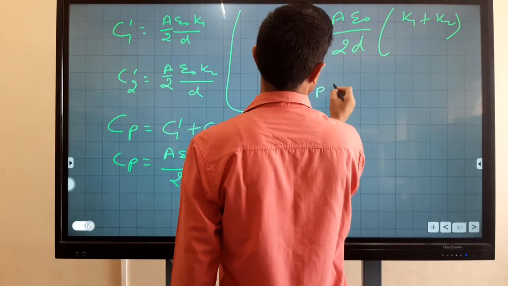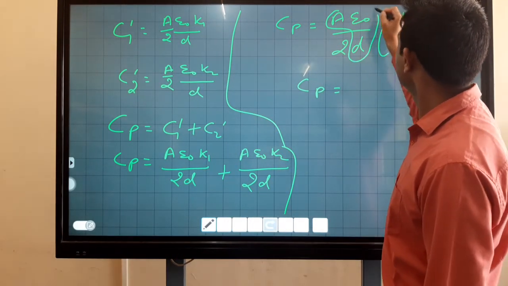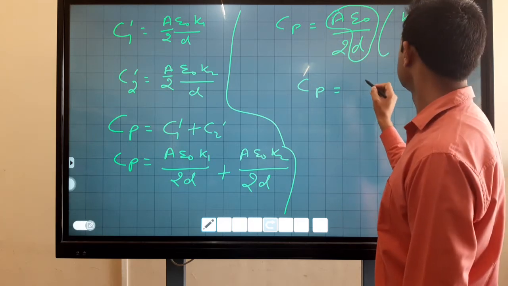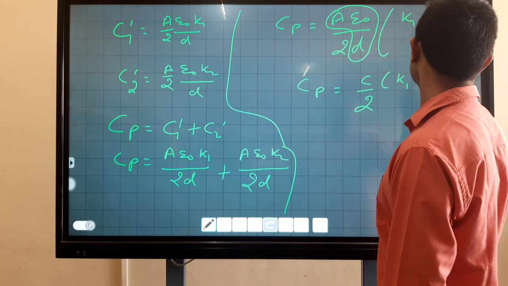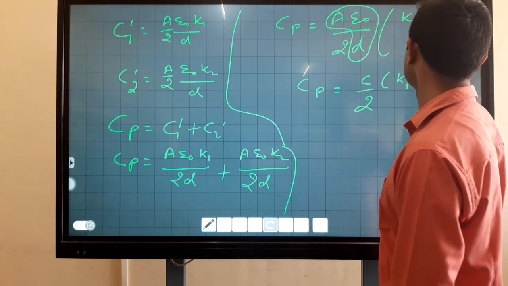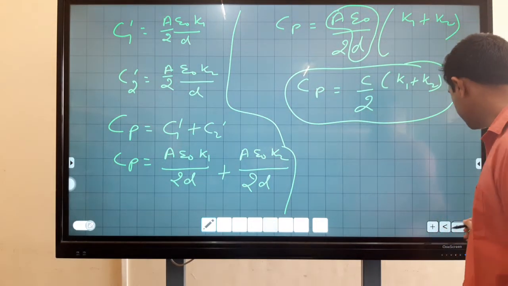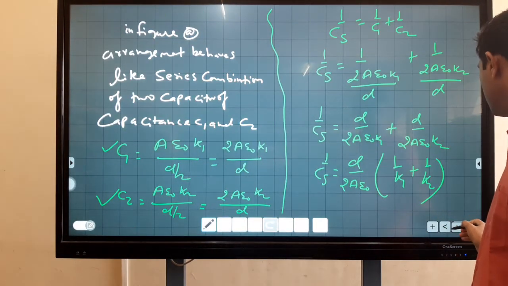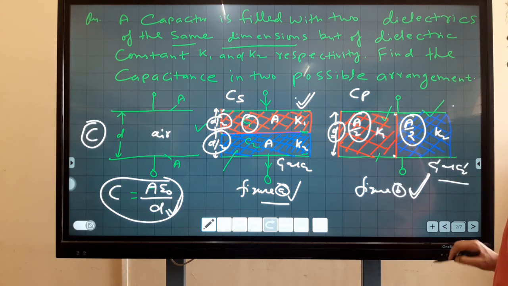Since A epsilon naught upon D is the initial capacitance, CP equals C upon 2 times (K1 plus K2). So this is the value of capacitance when the dielectric substances are filled like this.